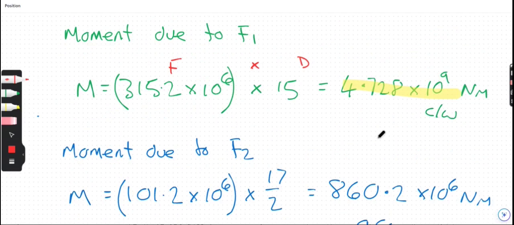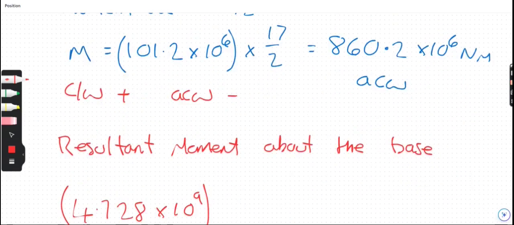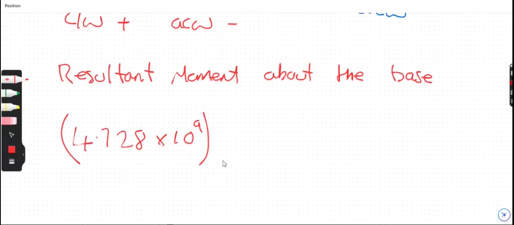And the other one's going the other way. This one's going anti-clockwise, that's minus. Then take it away to find the resultant moment about the base due to this force of water.